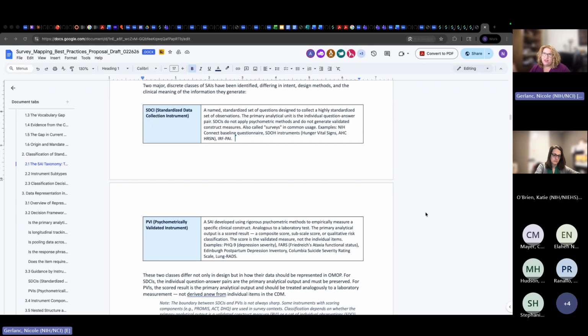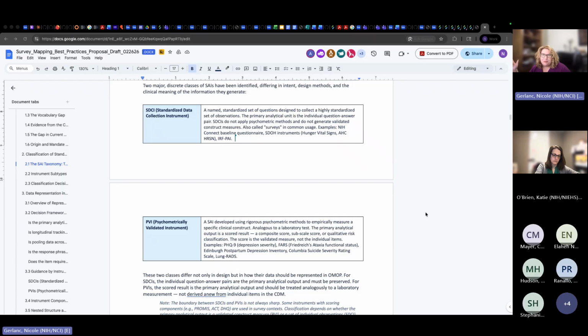When we think of the standardized collection instrument, it's trying to ask questions in a standardized way so that you can pull data across participants and you've asked them the same thing the same way. These are more questions on your background health, where have you lived, do you smoke, do you drink, things like that.